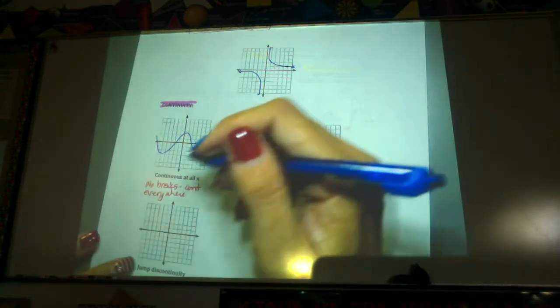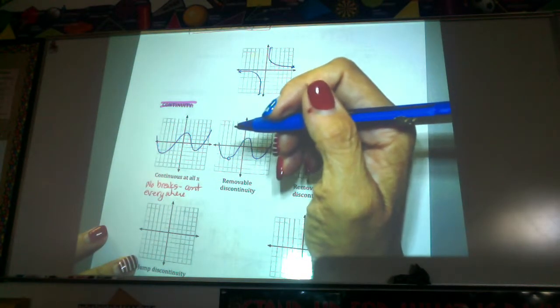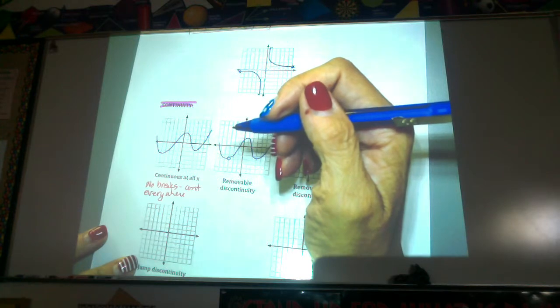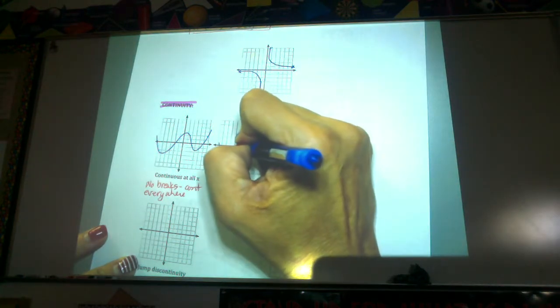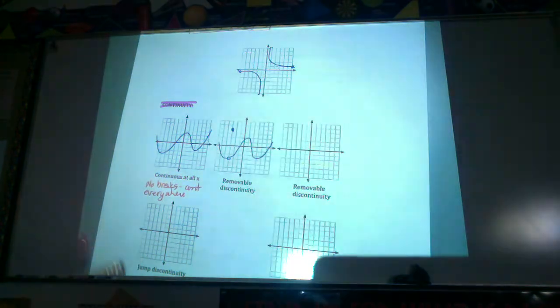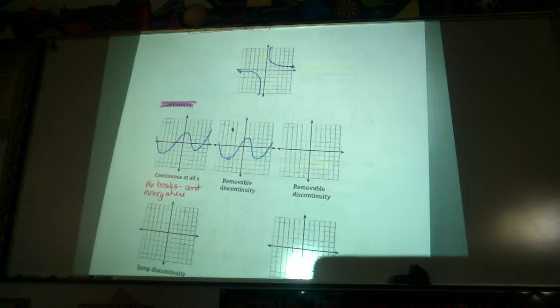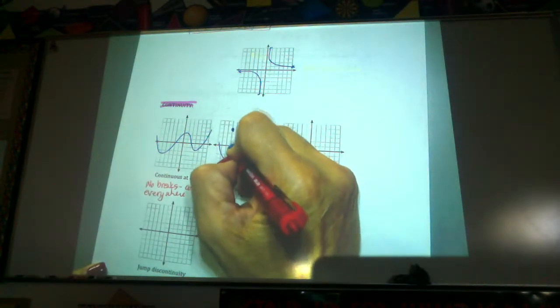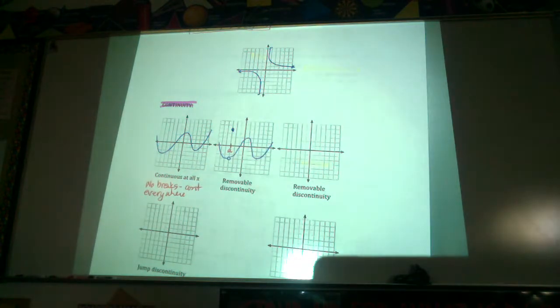And then you're going to put a closed circle at -3, +4. This is called a removable discontinuity. In this particular case, it's at any particular x value. I'm going to call this x value a. In this case, we know it happens to be -3 just by looking at the graph.